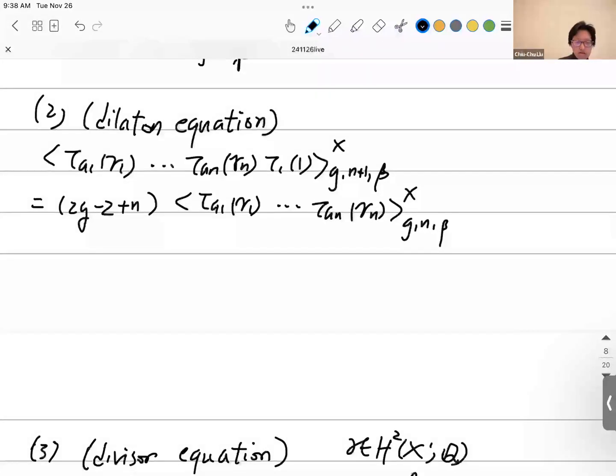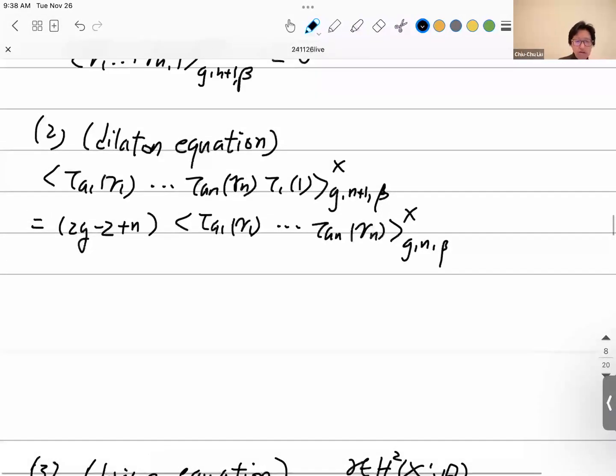The second is the dilaton equation. The last insertion is just a psi class, but the cohomology class is just the identity or unit in the cohomology ring. Then when we forget the point, we introduce the factor 2g minus 2 plus n.